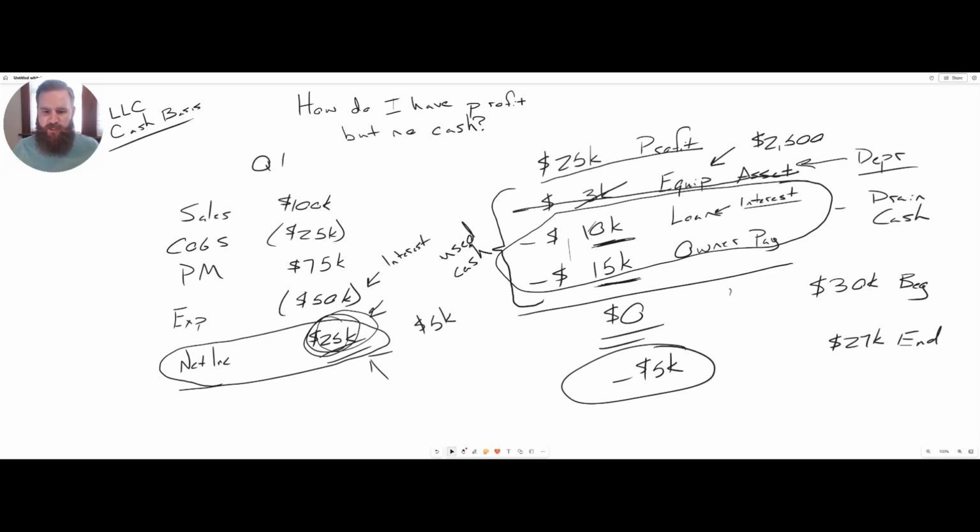So if you don't understand your business, you don't understand your money, you don't understand your finances, you might get told every single year that you have some crazy level of net income. I've seen clients that have $130,000 in net income, but they took out $120,000 in personal owner draws.